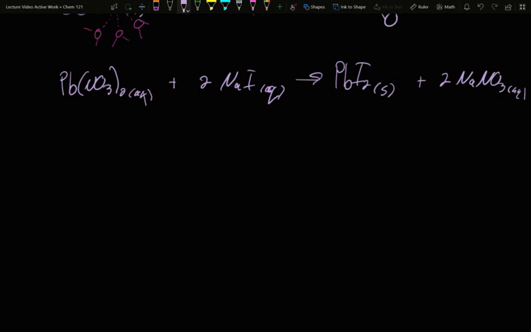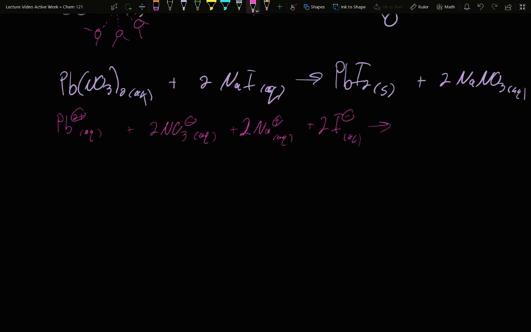So let's take a look at this reaction again. What's really happening? Well, instead of these things reacting, what I really have is Pb2+ aqueous and 2 NO3- aqueous, 2 sodium positive aqueous, and 2 I- aqueous. So our reactants are actually quite different.